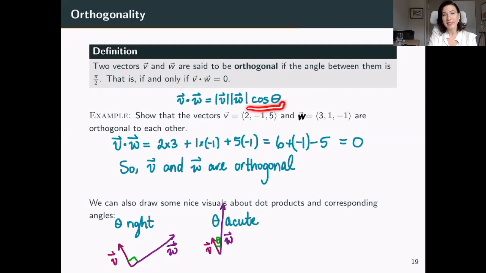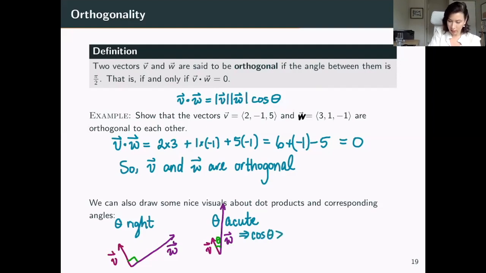Pause the video and think about that for a second. Again, what do you know about cosine of theta when theta is between 0 and 90 degrees? If you said that cosine of theta is a positive number, you would be correct. If theta is between 0 and 90 degrees, this implies that cosine of theta is a positive number.